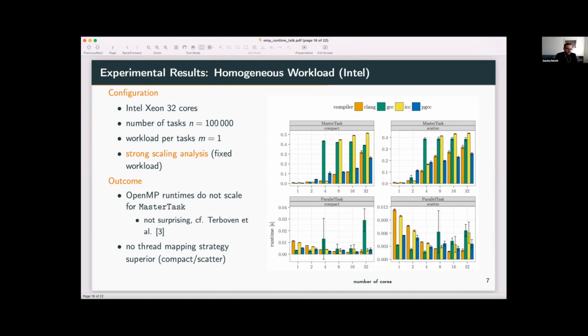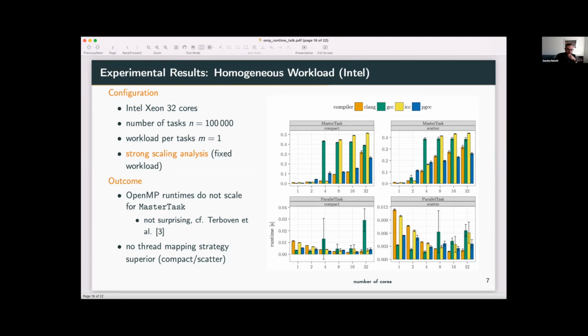But in this kind of scenario, if you have this master task pumping in tasks, it basically doesn't scale well. And you see that GCC already with 4 cores takes a performance penalty here, and also ICC with 8 cores already starts slowing down a lot compared to the other ones.